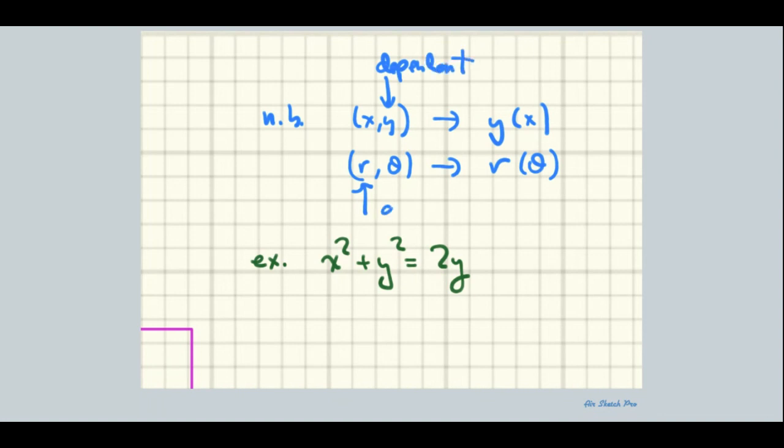But in polar, your first coordinate is the dependent variable. That's the way it's set up. That's kind of a weird thing, but you get used to it fairly quickly.